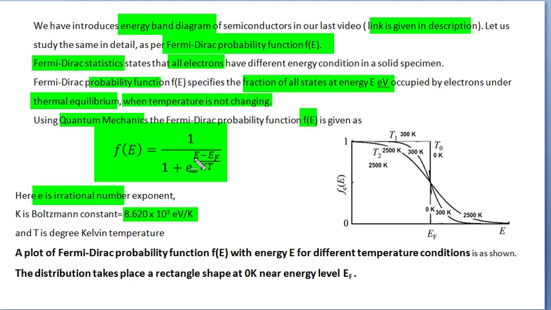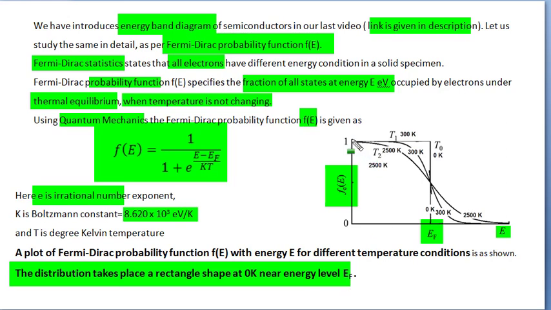Now E is that energy for which we have to find out probability of existence, and EF is a particular energy level which depends upon material composition and temperature conditions. Now a plot of this probability function with energy values is shown here, and it is clear that this distribution becomes a rectangle shape for 0 Kelvin conditions, and it got a typical shape at higher temperatures, and the curvature of same will reduce when you increase temperature.